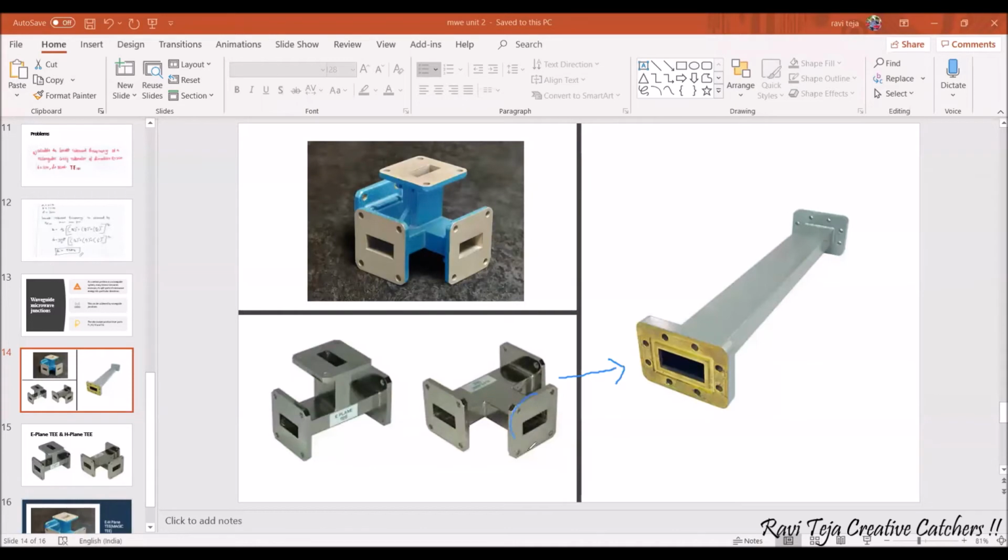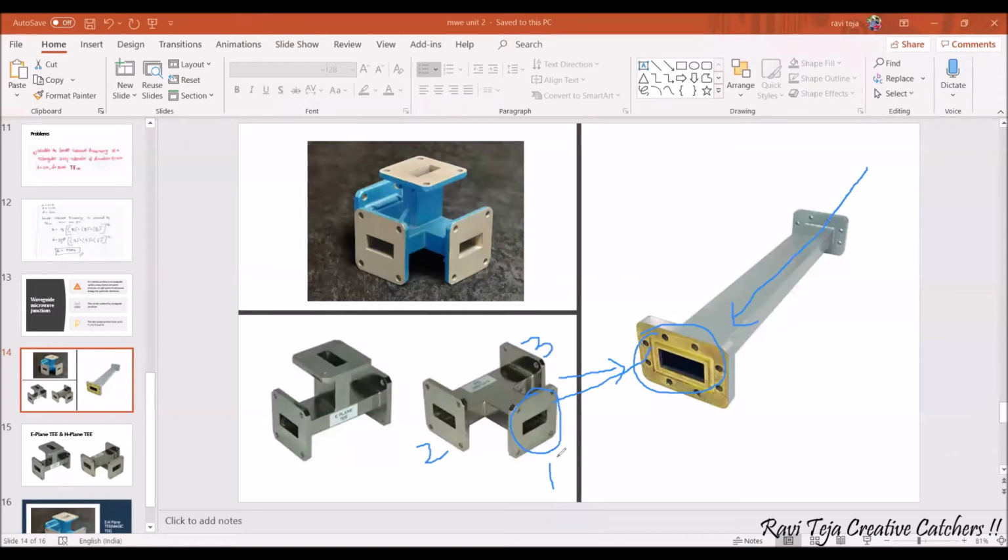This particular part, for example, I am fitting it to this particular part. Now a microwave signal is propagating from this direction. This is 1, this is 2, and this is 3.